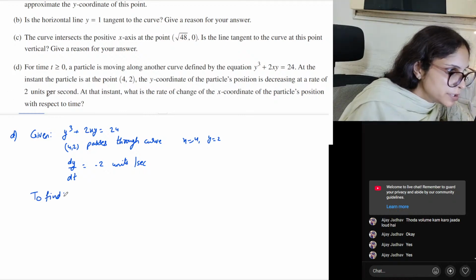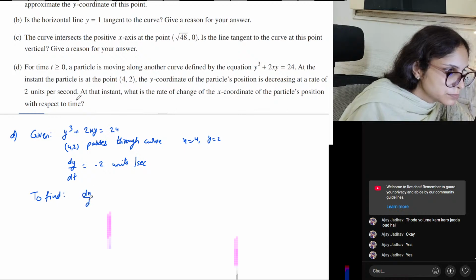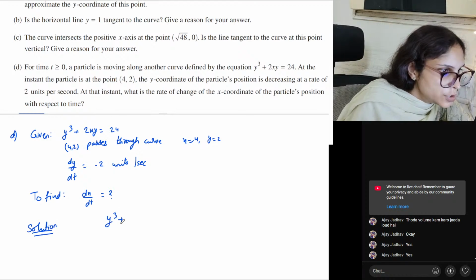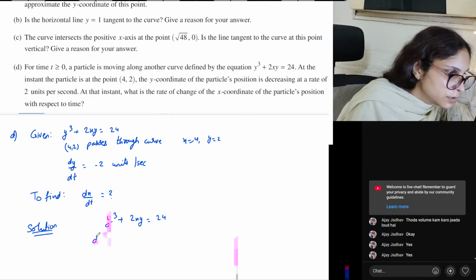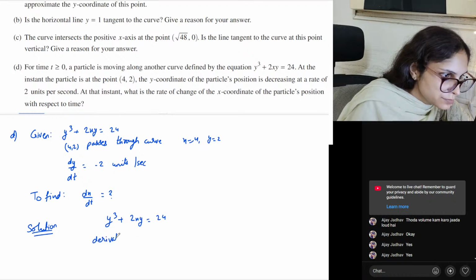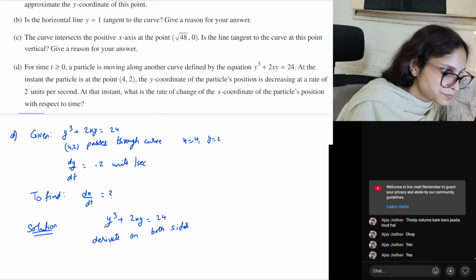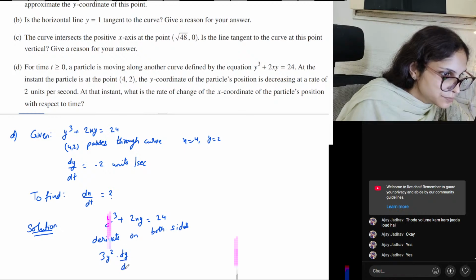You have to find out dx over dt. And now we'll do the solution. y cubed plus 2xy is equal to 24. Differentiate on both sides. y cubed gives 3y squared times dy over dt.